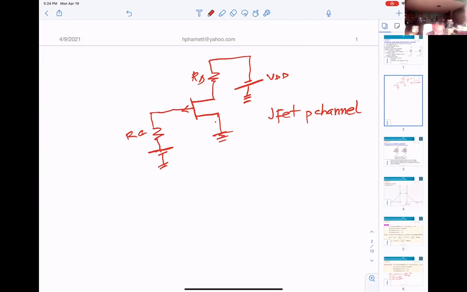So basically, the voltage VGG is positive to the gate, and the voltage VDD will be negative. That's the only difference, okay? And the formula will be the same thing.